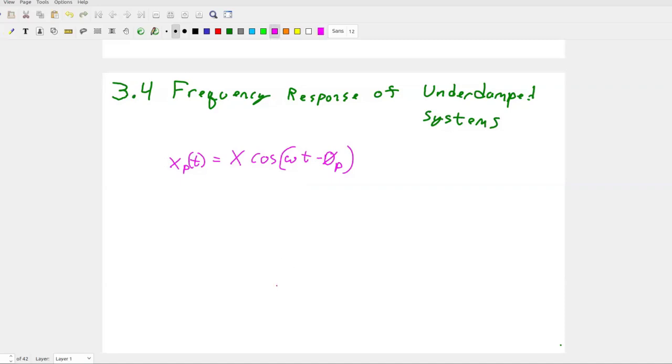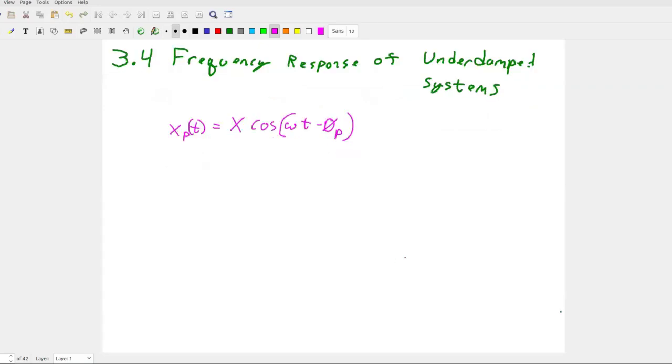We know how to get X from f naught, omega n, omega, and phi_p, but let's go ahead and write it down just so we have it on the same page. So we've got capital X is equal to our mass normalized forcing amplitude multiplied by a long square root of omega n squared minus omega squared, that whole term squared, plus 2 zeta omega n omega, that whole term squared.